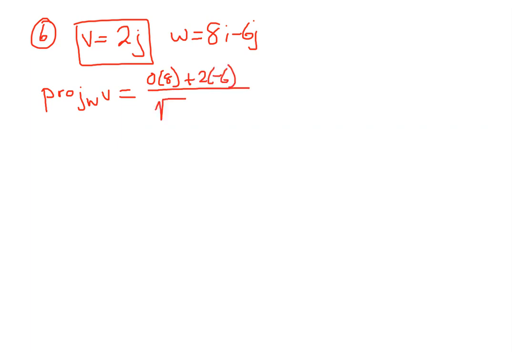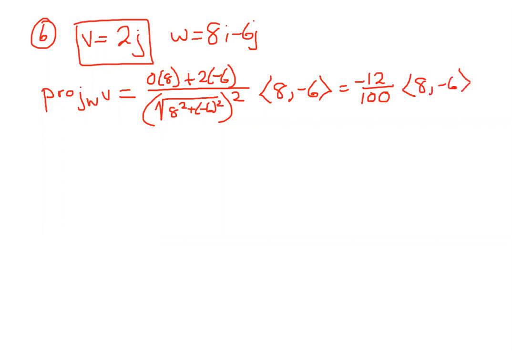And then we've got 8 squared plus -6 squared, and we multiply it times that vector. And when you do that, you should get -12 over 100 times 8, -6. And when you do that, you should get -24 over 25 and 18 over 25.